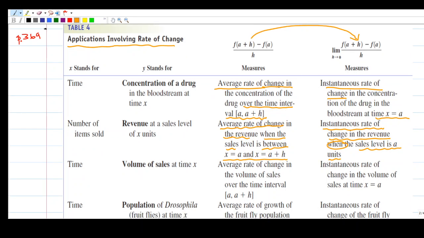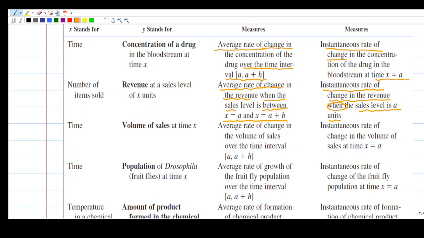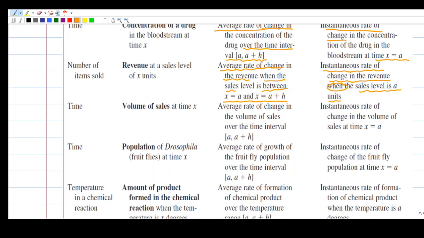Right, now in the same way, you can go through the table and do the interpretations for when x represents time, y represents volume of sales at time x. x, the input variable is time. The output is population of fruit flies at time x.